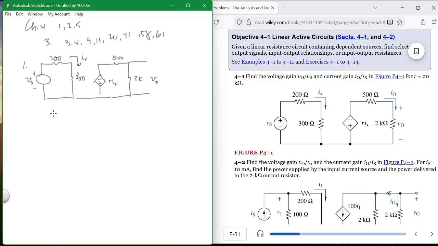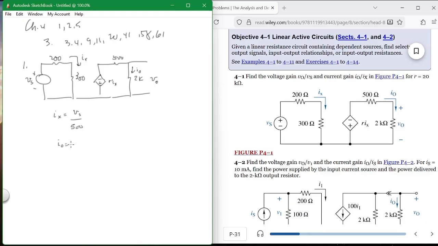So what is Ix in terms of Vs? Vs over 500, right? And then this voltage supply is what? R times Ix. So what is the current Io?